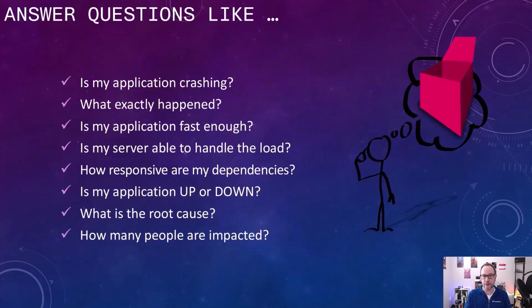Why is it working fine in a specific Azure region but not in another? Why is my application running fine on a Monday between 2 and 4, but not really running fine outside of that time frame? What about my functions? What about the responsiveness of my applications? On top of that, what are my dependencies? Again, is my application availability okay? Is it up and down?